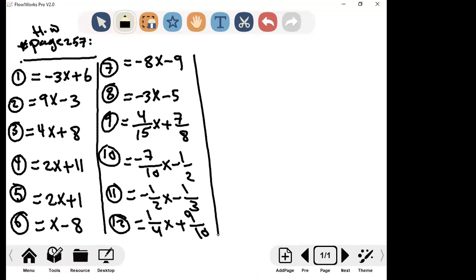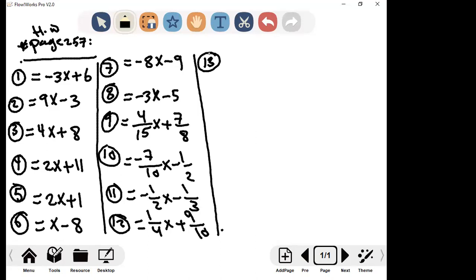Question 13: we have a table, bobcats 2x minus 7, right? Or huskies 5x minus 3. The question said how many more points did the huskies score than the bobcats. How many more means we do subtraction.